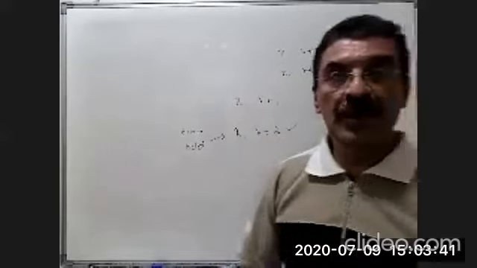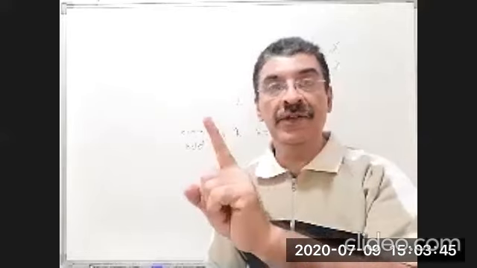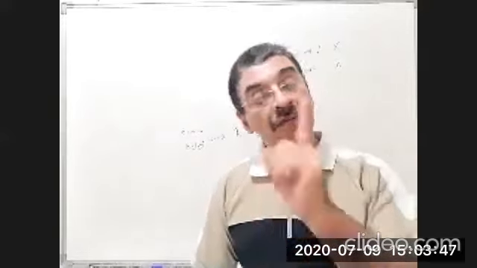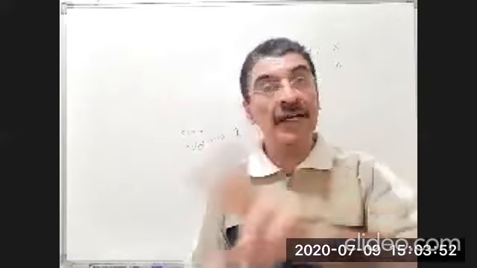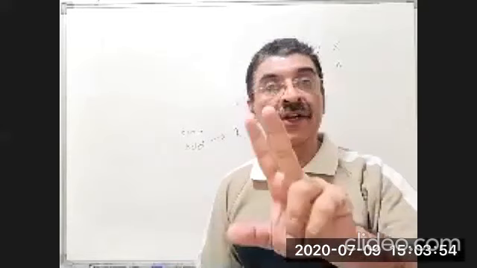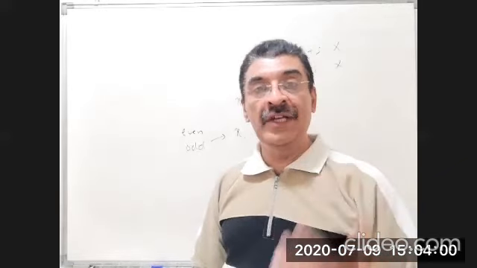Difference is 2. Even integers: 2, 4, 6, etc. You can see the difference between them is 2. Odd integers: 1, 3, 5, 7, etc. Then also the difference is 2 only. So whenever the question is to take two consecutive odd integers or even integers, x and x plus 2 is better.